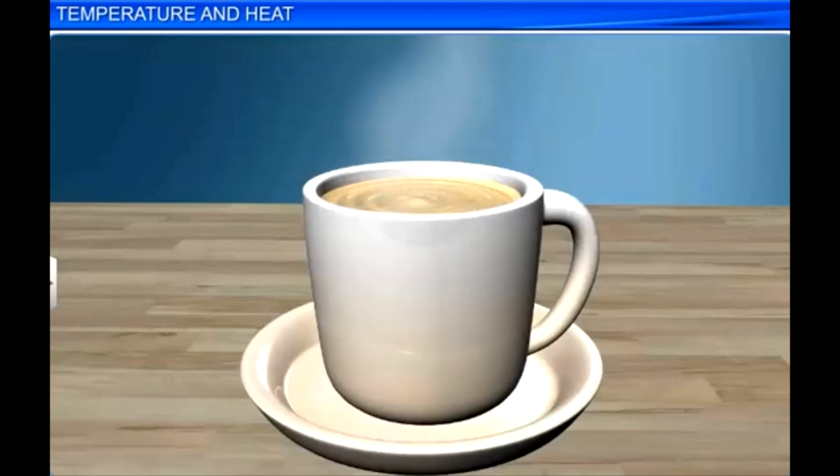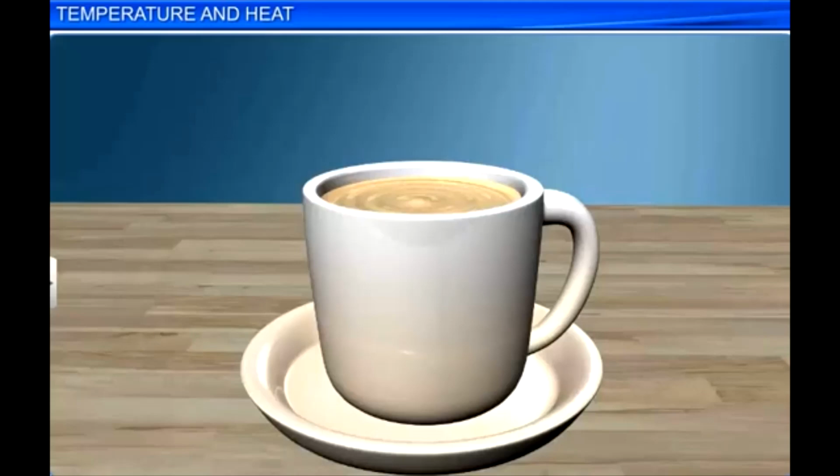For example, when a cup with hot tea is placed on a table, heat flows from the cup to the surroundings until thermal equilibrium with the surroundings is attained. We define the temperature as a physical quantity that is the same for two bodies which are in thermal equilibrium.